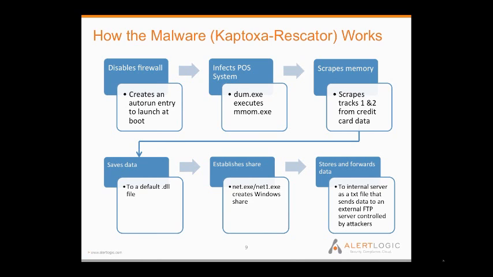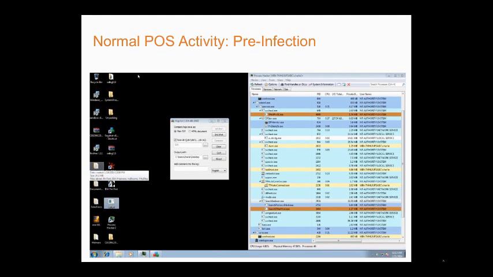Then it establishes a share to the centralized server, and from the centralized server it stores the data and eventually sends it off via a text file, which is a clear text file, which is easy to spot. But anyway, it sent it off to an external FTP server.